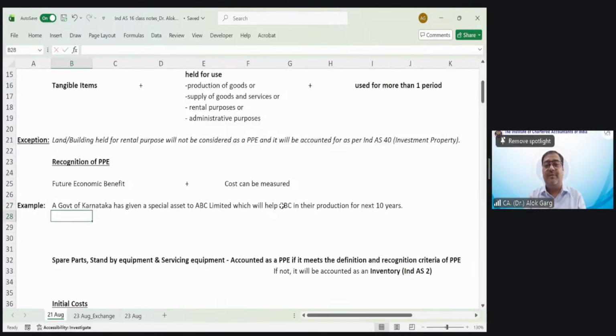Means future economic benefit is also probable, right? So for next 10 years, they will get the benefit and this is an asset.